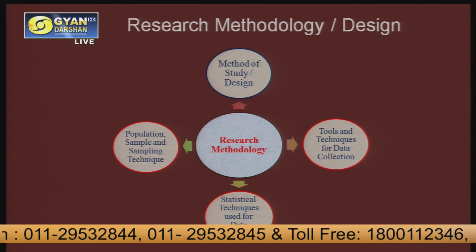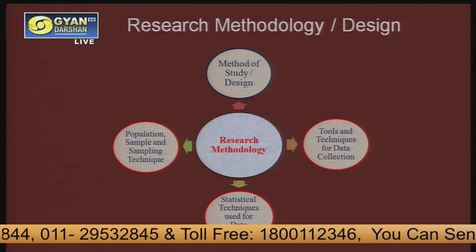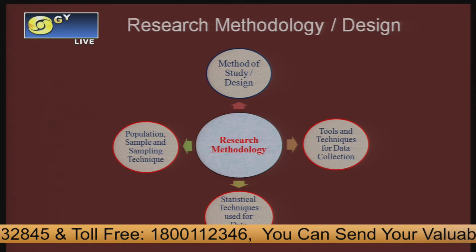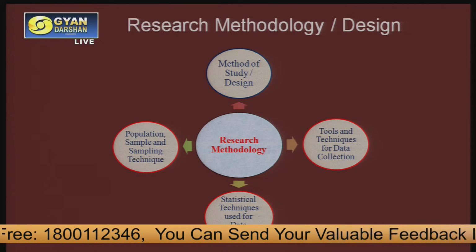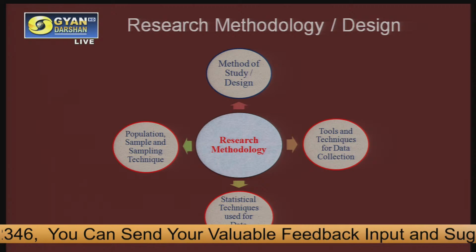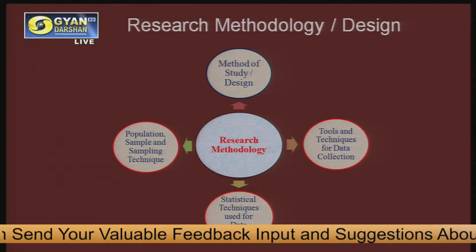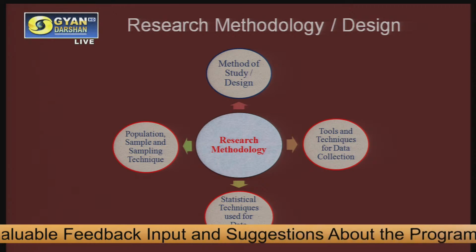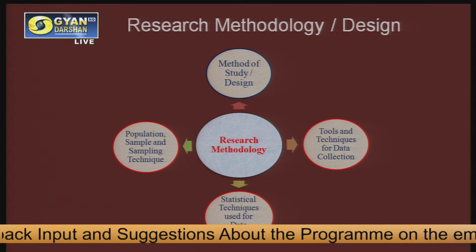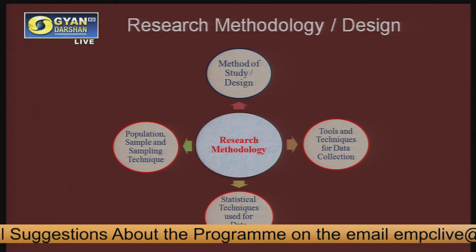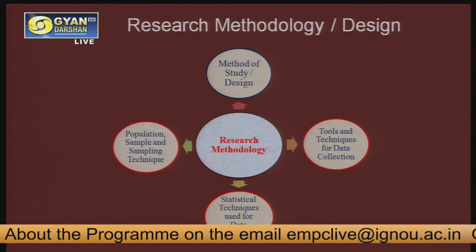And if it is the historical method, mostly you will depend upon secondary data, right? Secondary data means the reports that have already been developed and published, which are available in different libraries and other sources. You have to collect and analyze those data, particularly in historical research.